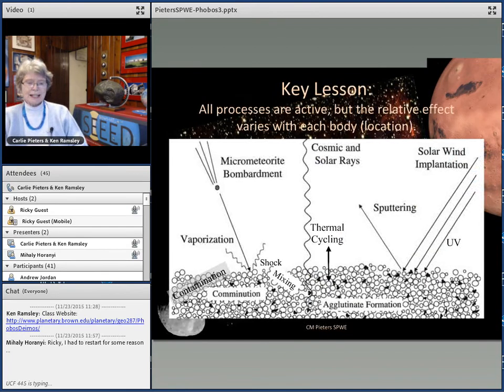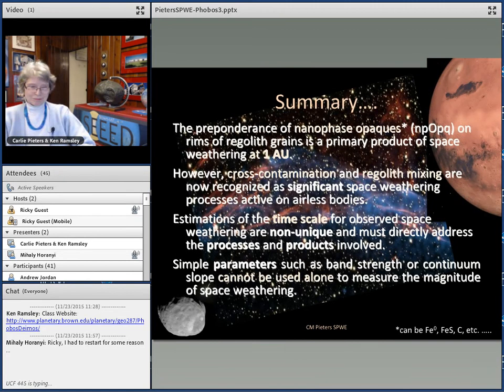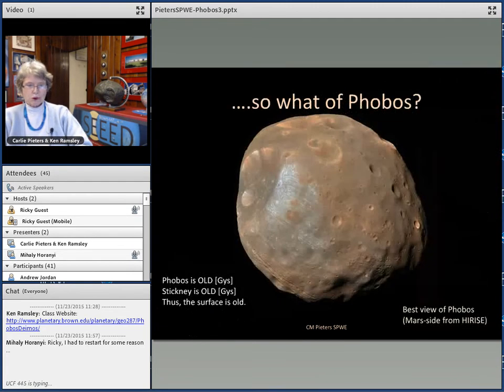Okay, so key lessons that we've gone through, and now we're going to get to Phobos, is that there are various processes throughout the solar system that are dominant at different times in different places. And it's very important that you have the location identified and the processes at least understood to the extent that you can. Okay, here's a summary that I just walked through, but I want to get to Phobos.